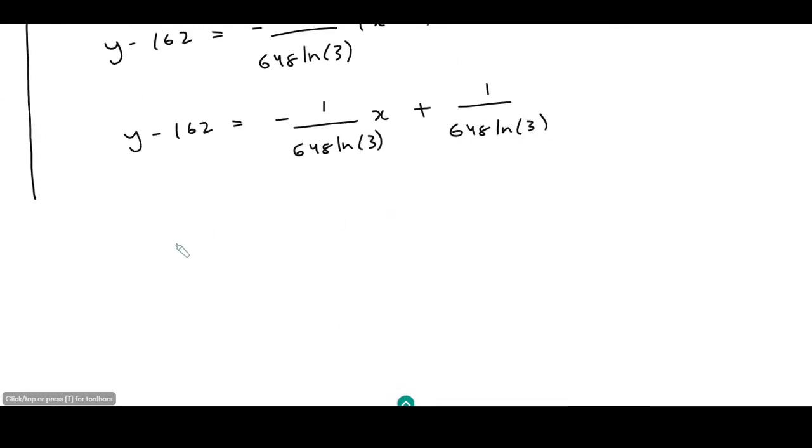And so our final answer is y equals minus 1 over 648 ln 3 x plus 1 over 648 ln 3 plus 162.